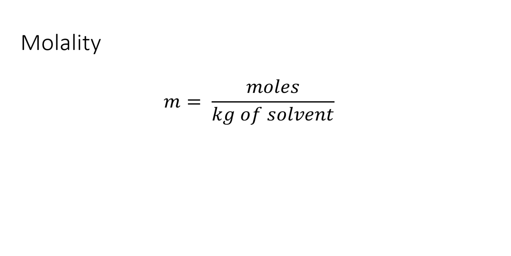A very similar but different concentration unit is molality. Molality is represented with a lowercase m. Just like molarity, it also has moles in the numerator. But one difference is that you're dividing by the kilograms of solvent. And be sure as you write this down, you write down kilograms of solvent, not kilograms of solution.